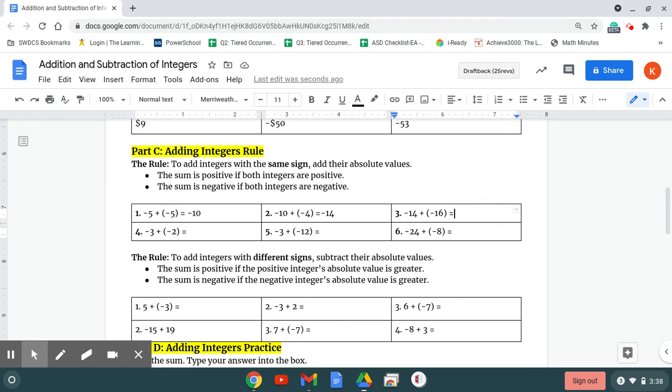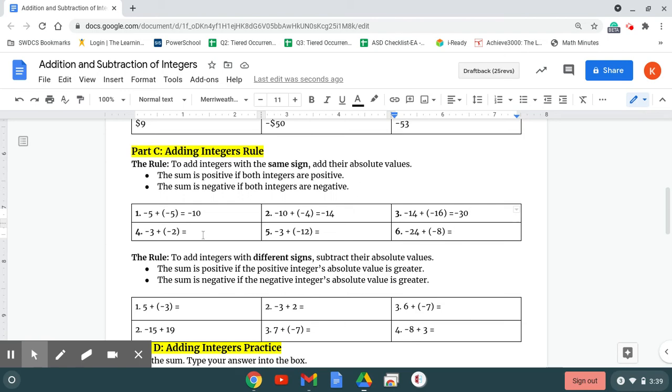All right, number 3. Same sign, keep your sign and add. Negative 14 plus negative 16. We're going to keep our sign, negative, and then we're going to add 14 plus 16. 14 plus 16 is 30. So negative 30.